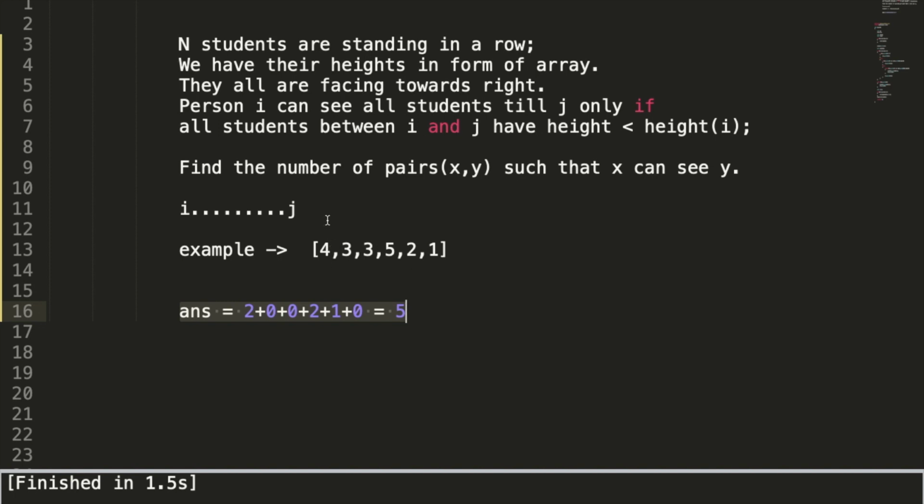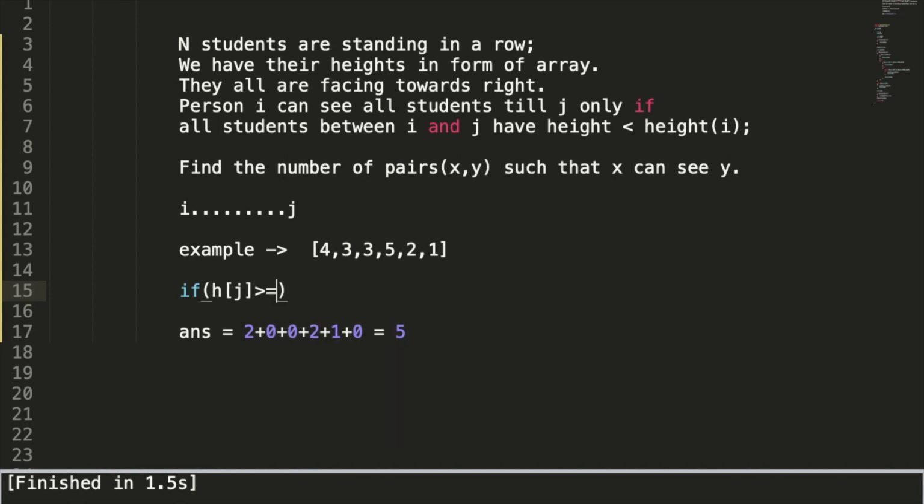We will run a loop i from 0 to n. The second loop will run from i plus 1 to n, and we are going to break if the height of j is greater than or equal to the height of i.